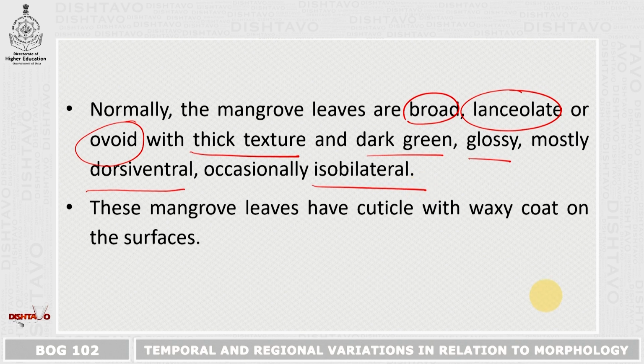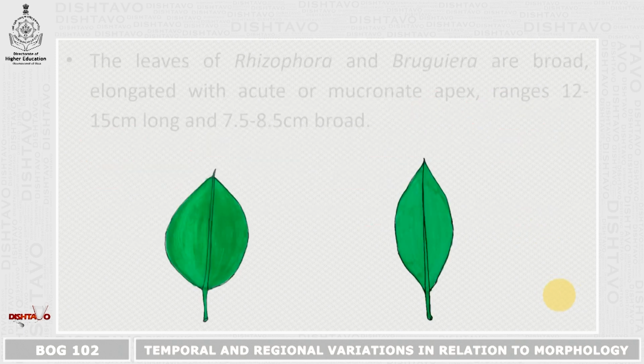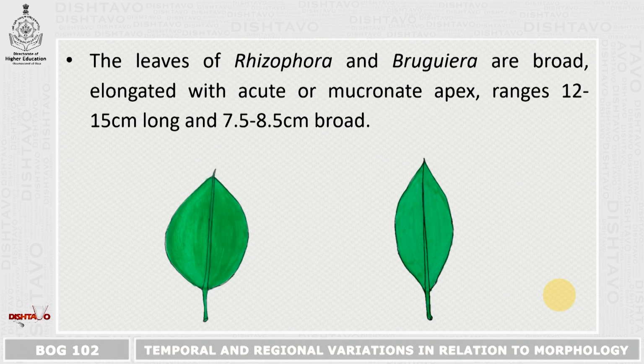These mangrove leaves have cuticle with waxy coat on the surfaces. The leaves of Rhizophora and Bruguiera are broad, elongated with acute or mucronate apex, which ranges from 12 to 15 cm long and 7.5 to 8.5 cm broad. Here in the picture you can see the mucron at the tip of the leaf.